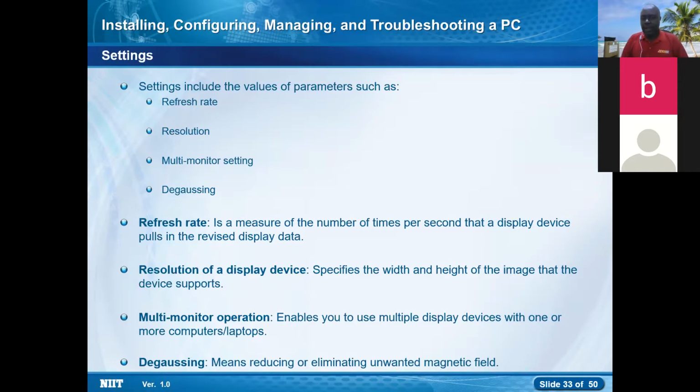The second one is resolution of the device. We said resolution is a measure of how clear a device can display images. It's a measure of how fine the display is on a given device.